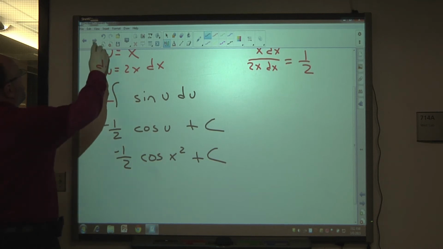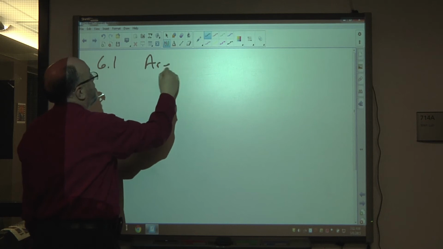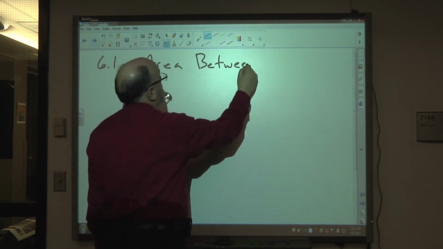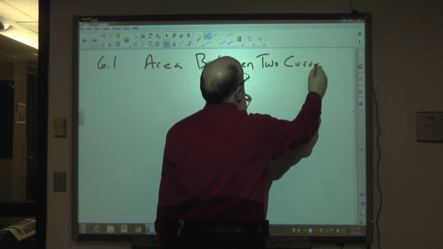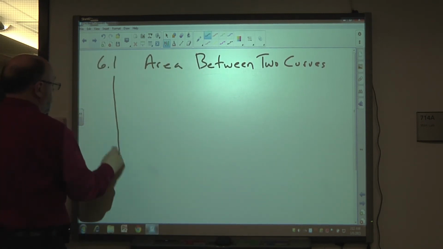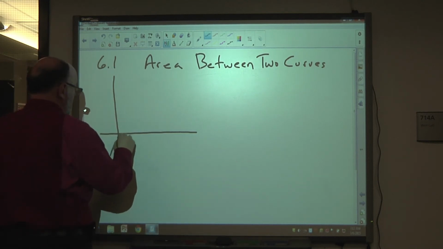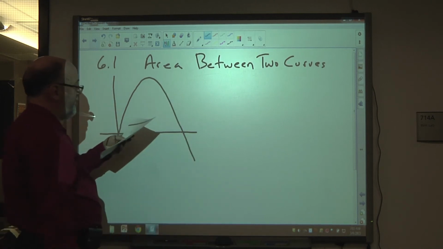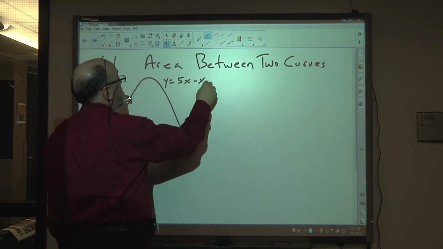The last section then, section 6.1, deals with area between two curves. So, for example, we have this. My first one is y equals 5x minus x squared.